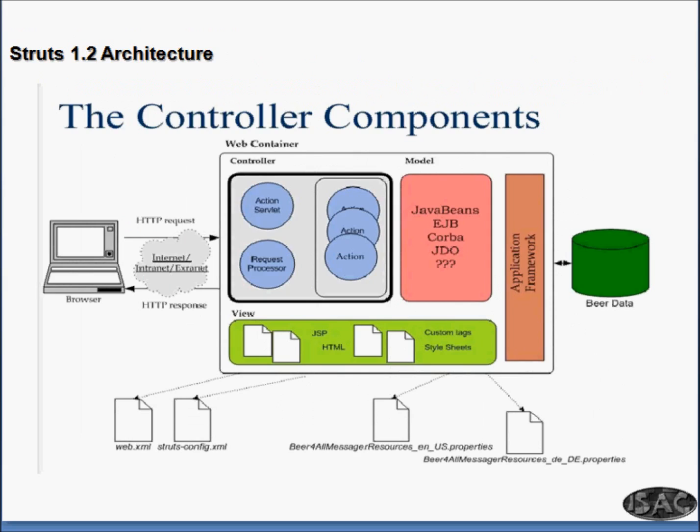Look at this Struts 1.2 architecture here. What it is saying is that whenever any request comes from the browser, it comes to the ActionServlet. So this ActionServlet is a front controller.